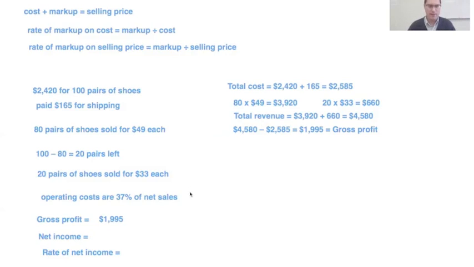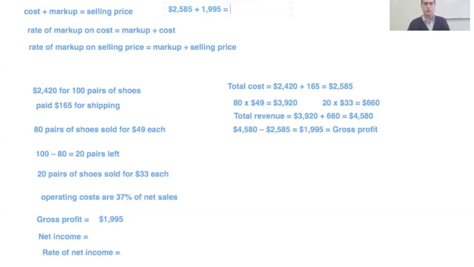Notice too, by the way, that the gross profit is the same thing as the markup, because check this out. Our total cost, remember, is $2,585. Our gross profit is $1,995.